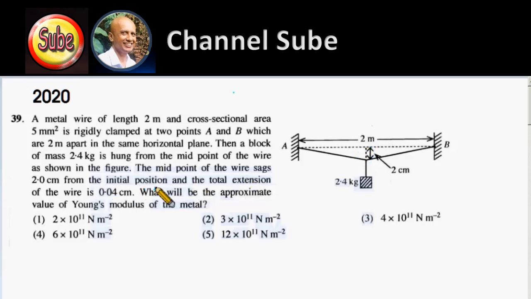From the initial position, means this level, and the total extension of the wire is 0.04 centimeter. Total extension of the wire. Total extension means the total length.